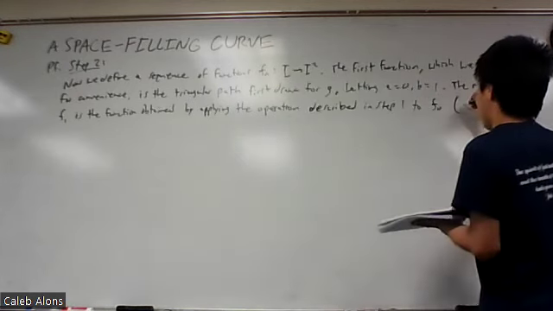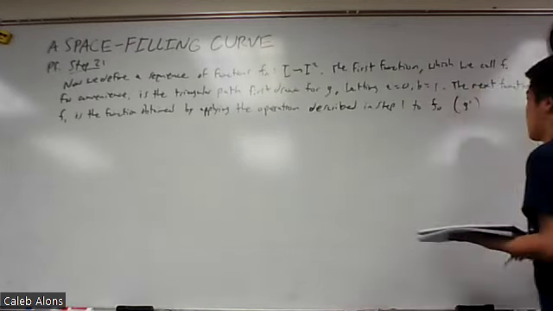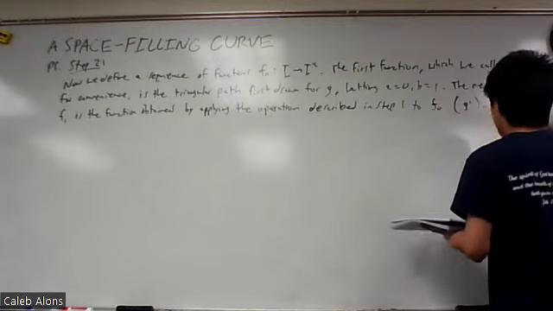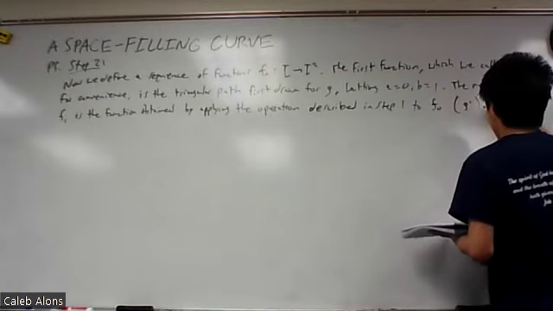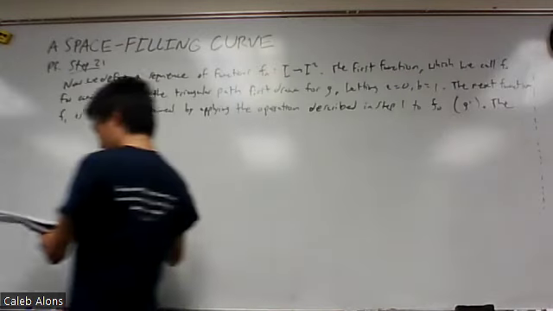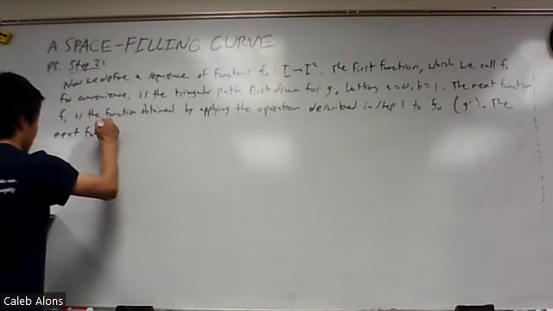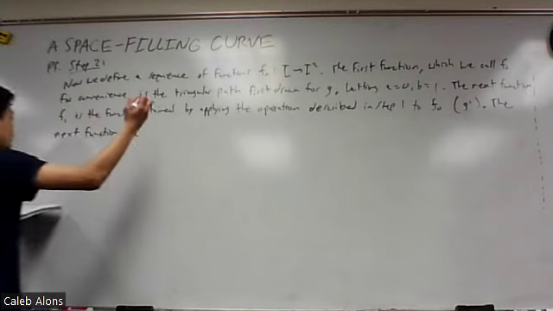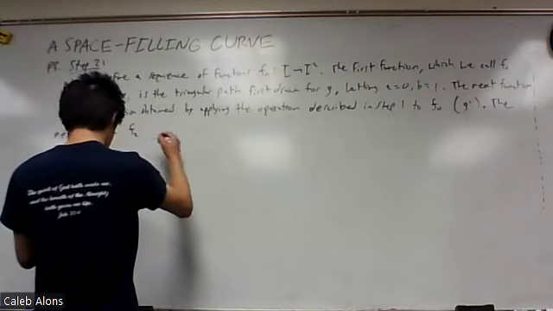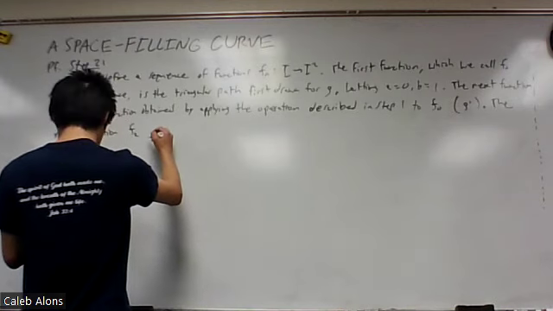So essentially, we're describing what we drew for G prime. And then this is just going to keep going over and over and over. So the next function after f1 is f2.